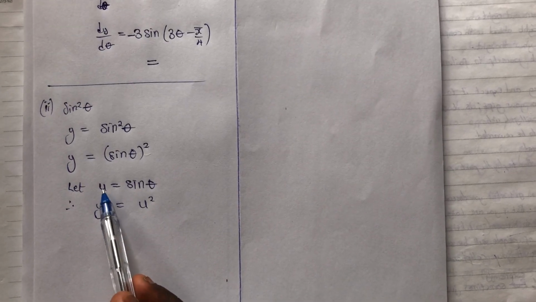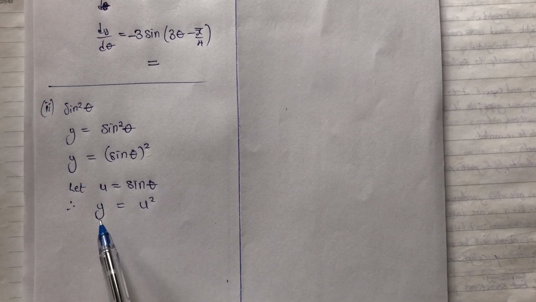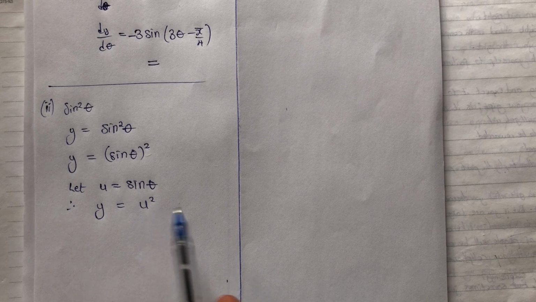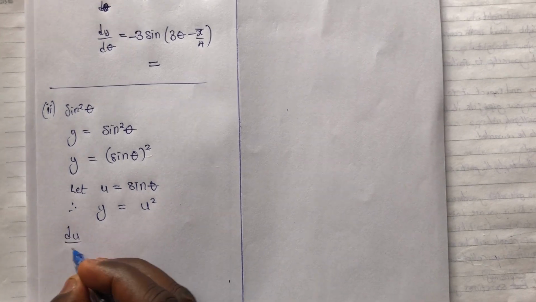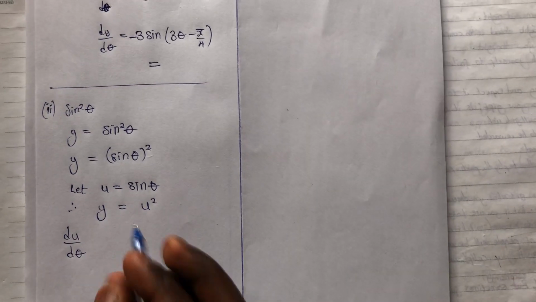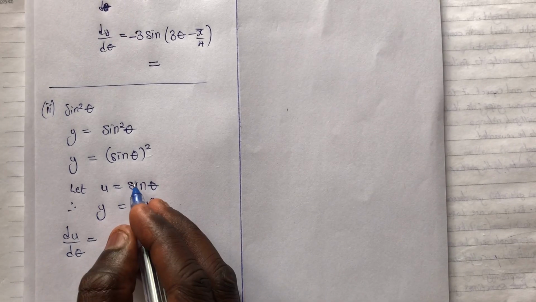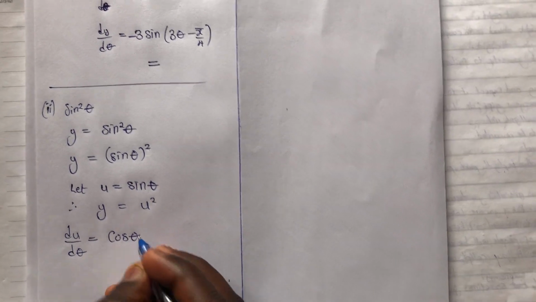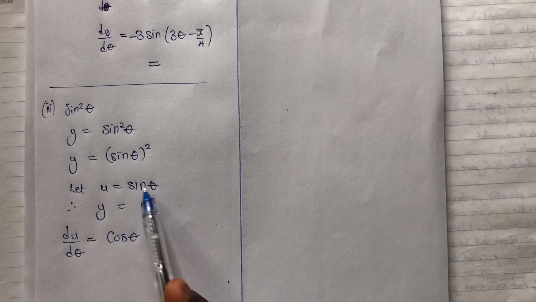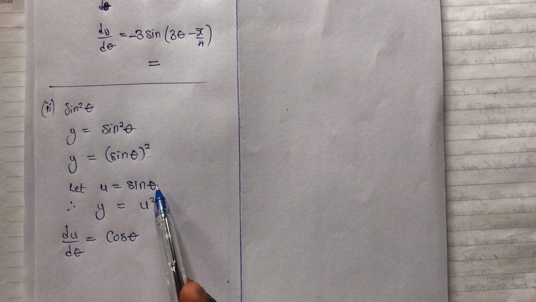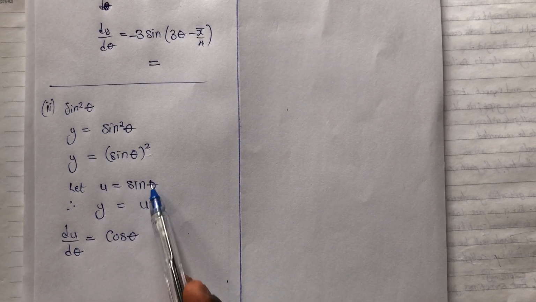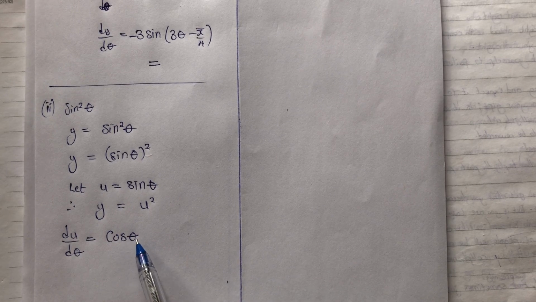Then you differentiate u with respect to theta, and you differentiate y with respect to u. So du/d theta will be equal to cos theta, because if I have sine x and I differentiate sine x, I'll get cos x. So if I have sine theta, when I differentiate, I'll get cos theta.